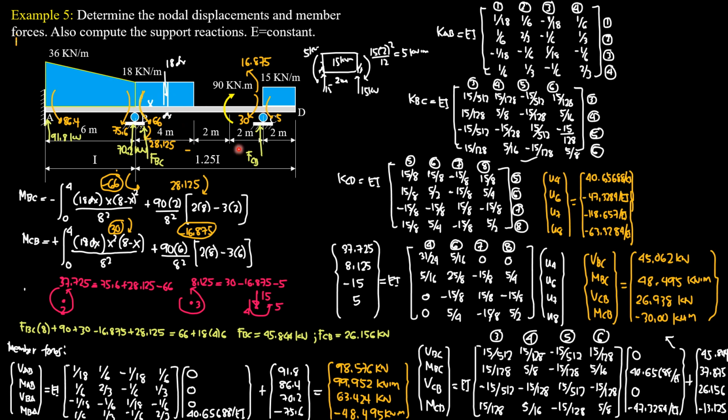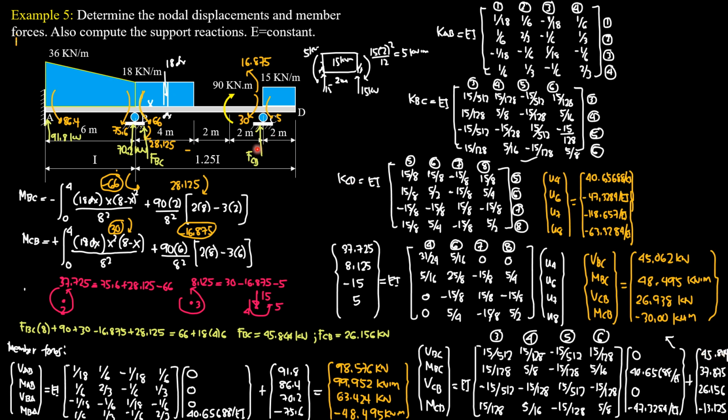FBC times 8 plus 90 plus 30, then minus 16.875, then plus 28.125, then equals 66 plus moment of 18 kilonewton load, 18 times 4 times 6. So FBC is 45.844 kilonewtons. So that's why we have the fixed force here, 45.844.